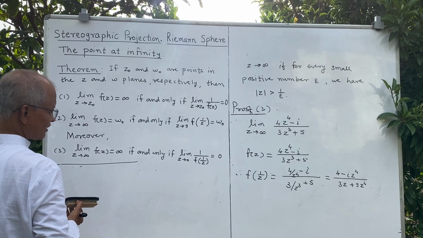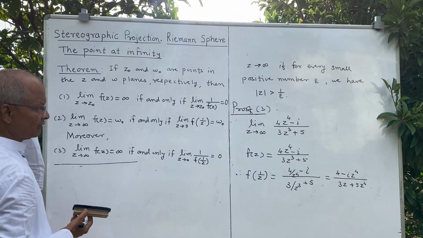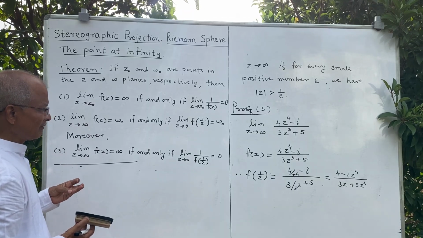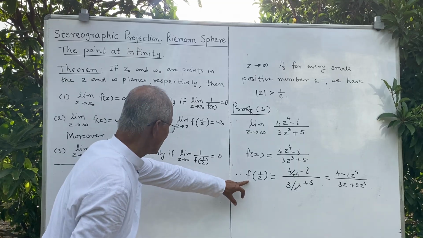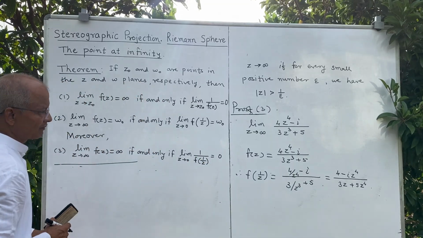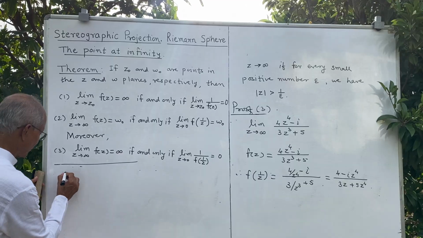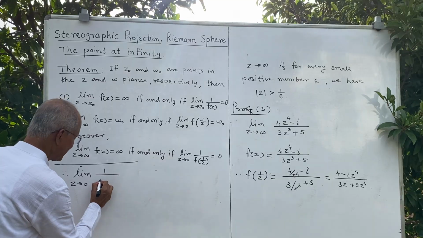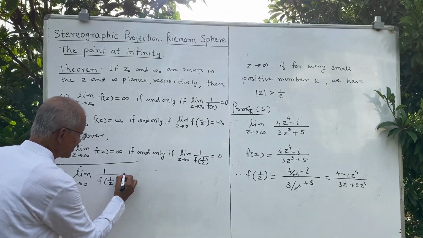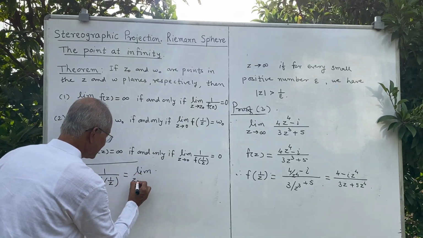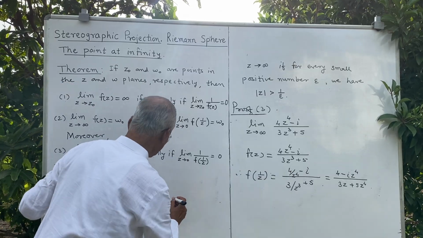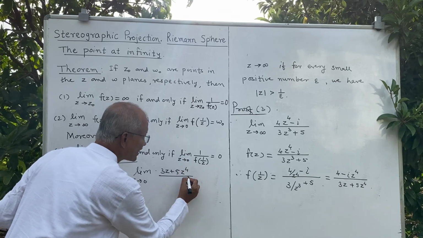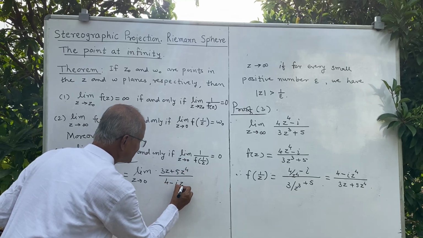We have to take the reciprocal of this, 1 over f of 1 by z, and therefore the limit as z tends to 0 of 1 upon f of 1 by z is equal to the limit as z tends to 0 of 3z plus 5z raised to 4 divided by 4 minus i into z to the power 4.